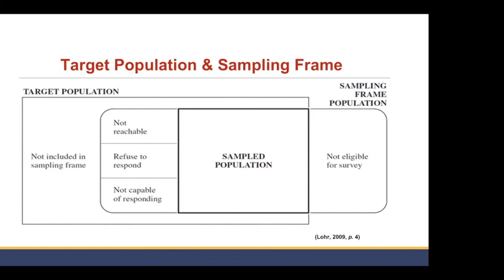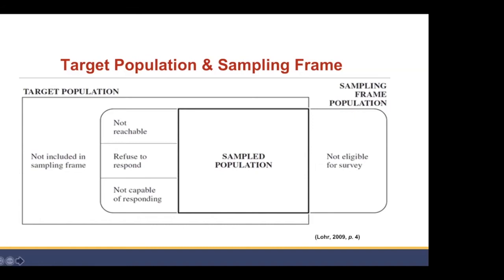Some part of your sampling frame is not reachable, or some individuals refuse to respond to the surveys, or are not in a position to respond to the study. So this is a pictorial overview of the target population, from which we draw the sample using a sampling frame.